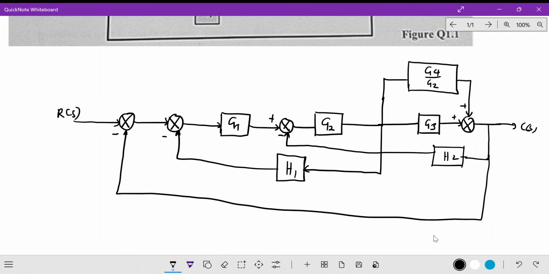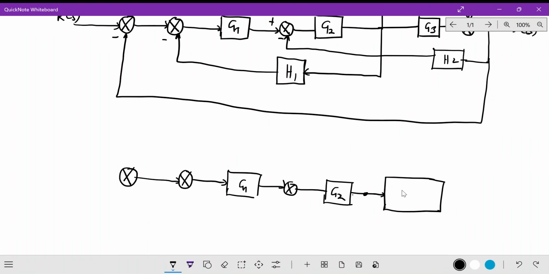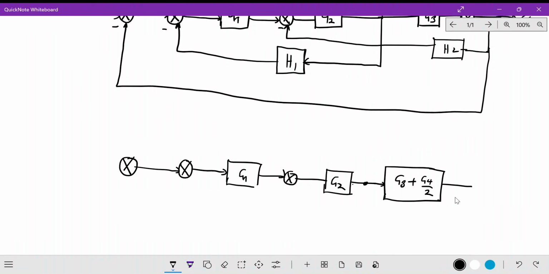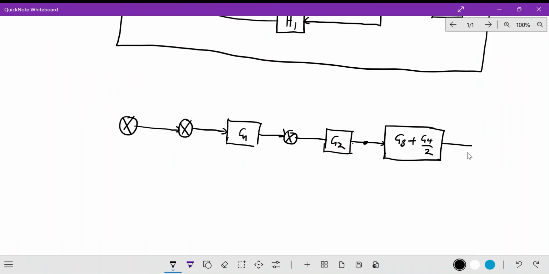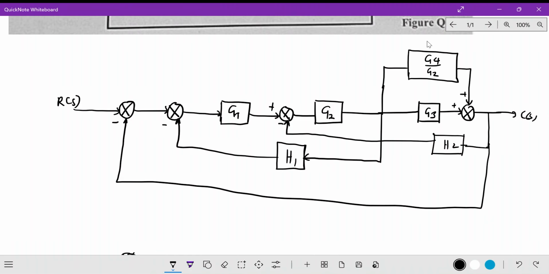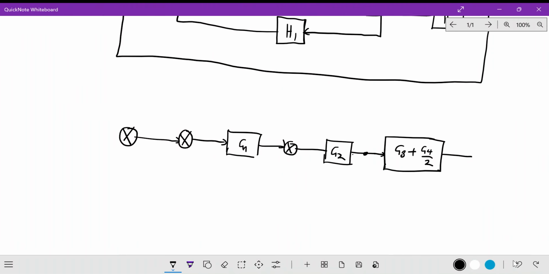So we're going to have G3 plus G4 over G2. This summing point is no longer there because we've combined these guys, right? So what you have is just the takeoff point.